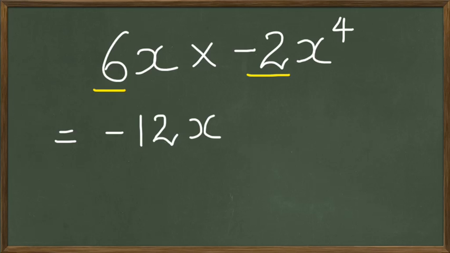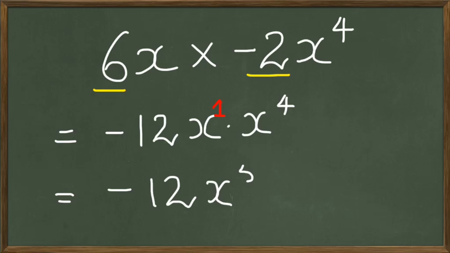Then you've got x and x to the 4. Now, notice I'm just going to put a little dot there because that's the same as multiplication. Also, remember that if x is by itself, then it's to the power of 1, which means this answer is going to be negative 12x to the power of 5.